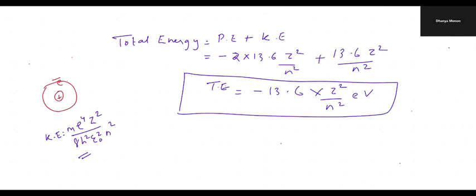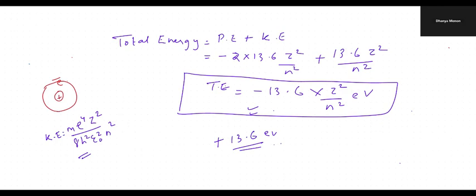The electron has a negative charge and the nucleus has a positive charge, and the total energy is negative. That means if the electron gets an energy equal to plus 13.6 eV, it can move out.